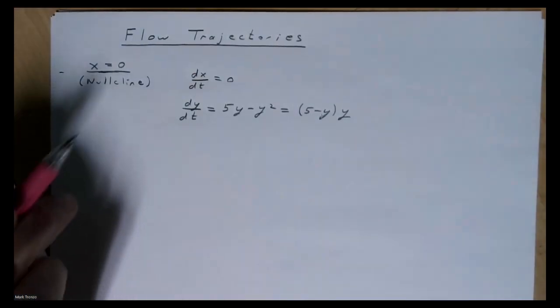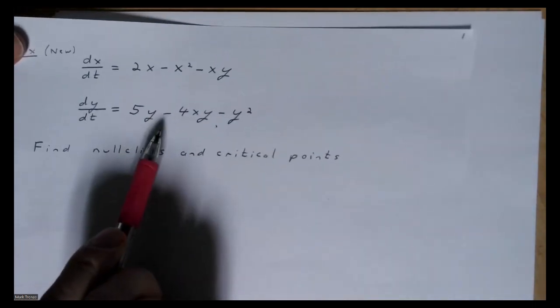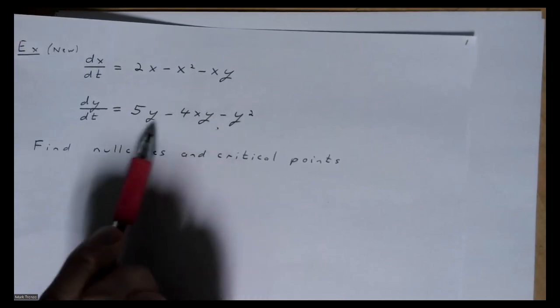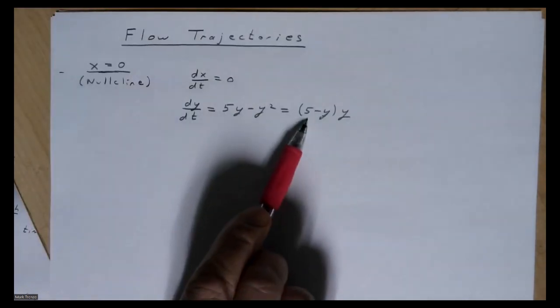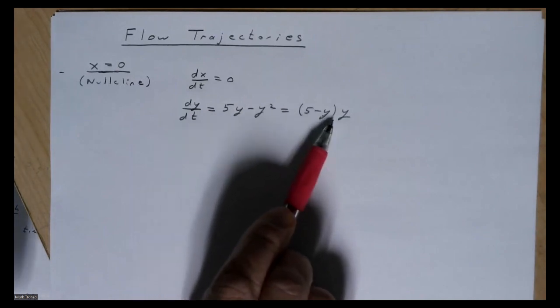So again, all I do is put the nullcline into the dy/dt. That made that 0. And then we have 5y minus y squared, factor out.